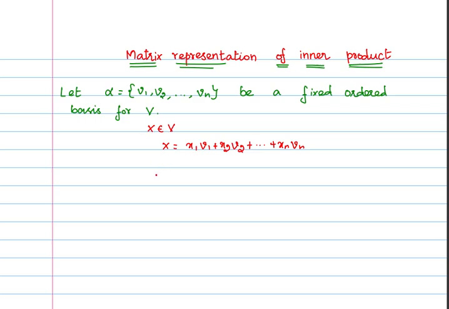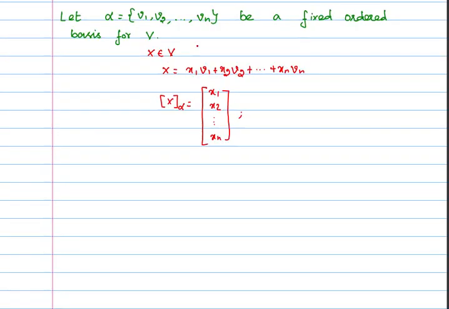So, you can say that the coordinate vector x alpha, using the basis, is nothing but x1, x2 and so on, xn. Suppose you have another element y belonging to the same vector space V, which has some inner product.